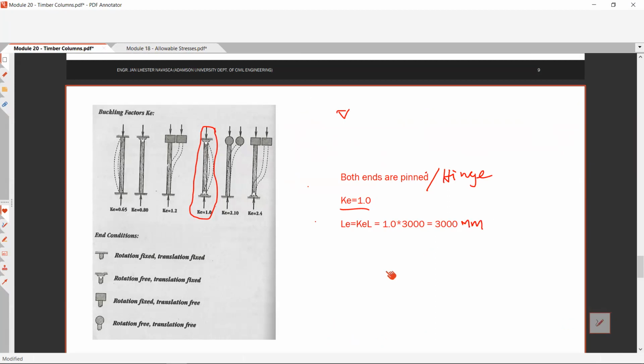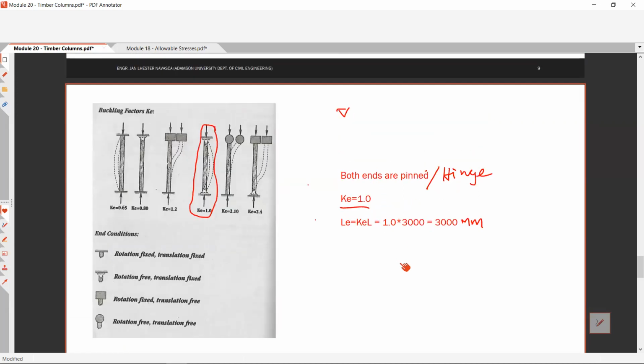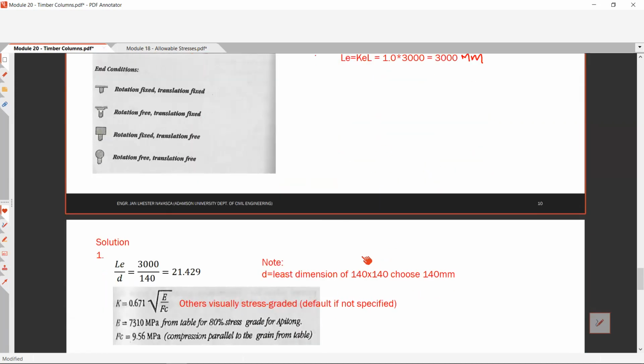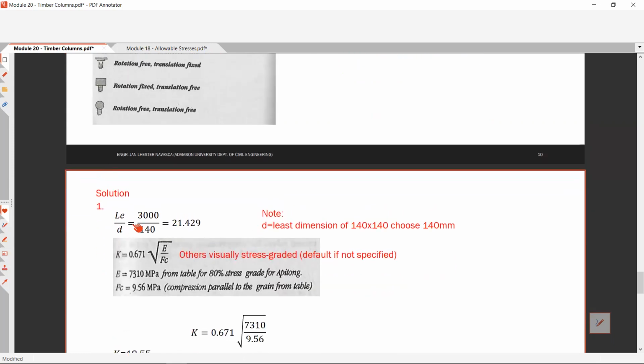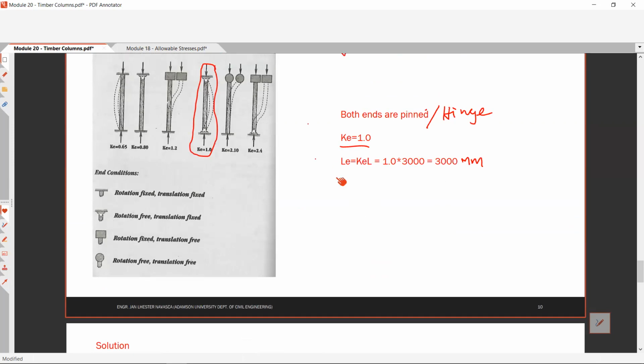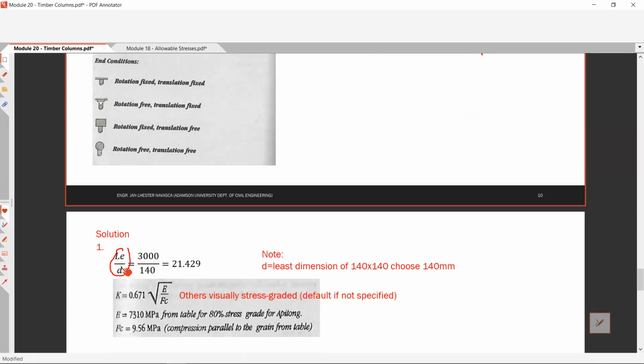Okay. So the first question is: find the LE over D and determine if your column is short, intermediate, or a long column within the code. So solve natin yung LE over D. Yung LE natin is na-solve na natin, that is 3,000 millimeters. Okay, then what is D? Take note that your D is the least dimension of 140 by 140.